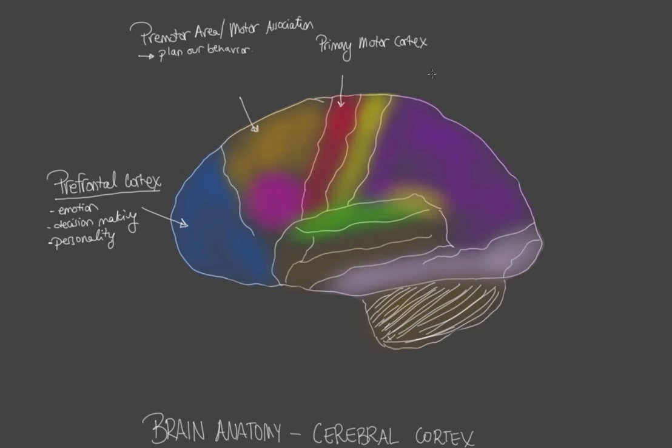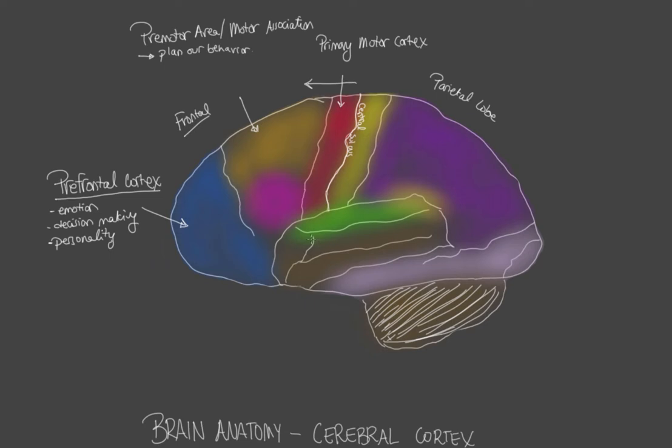And it's very important to note here that this motor cortex is located anterior to the central sulcus. And the central sulcus is what divides the frontal lobe from the parietal lobe.